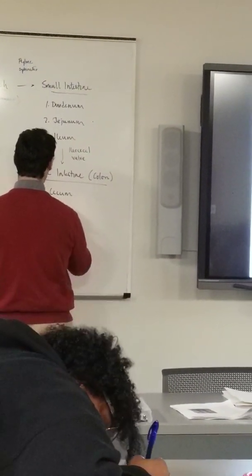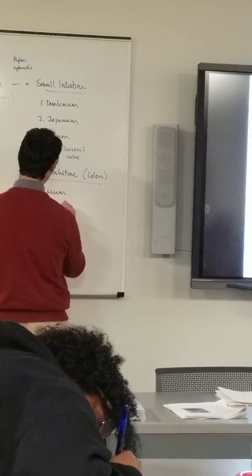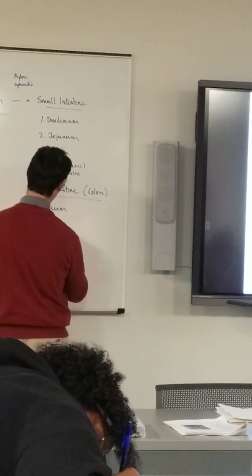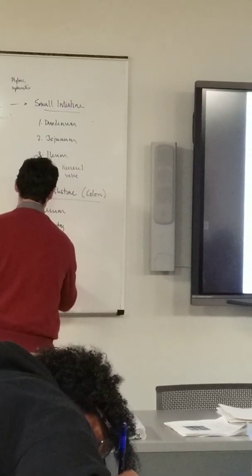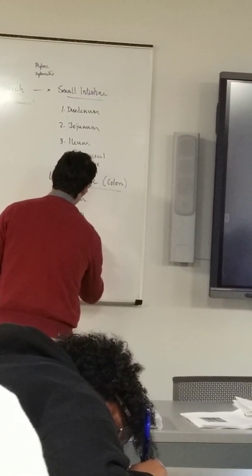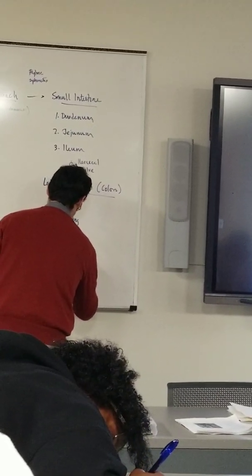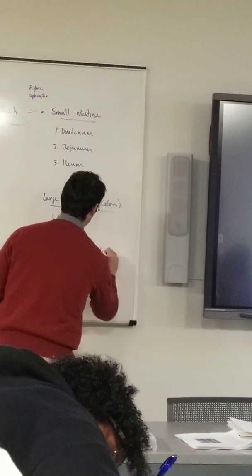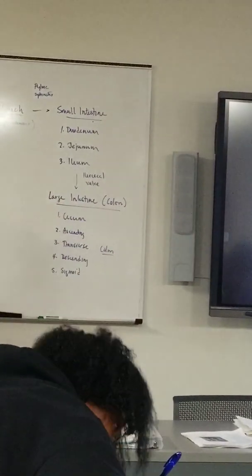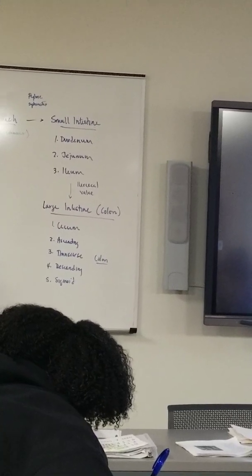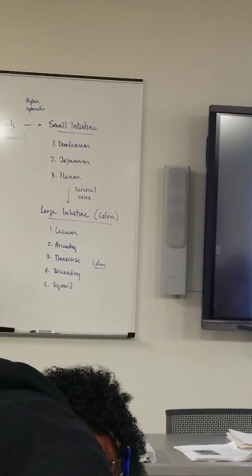From the cecum, we move through the ascending, almost done, transverse, descending, and sigmoid colon. Ascending, transverse, descending, sigmoid colon. I didn't want to write colon after each one of those.